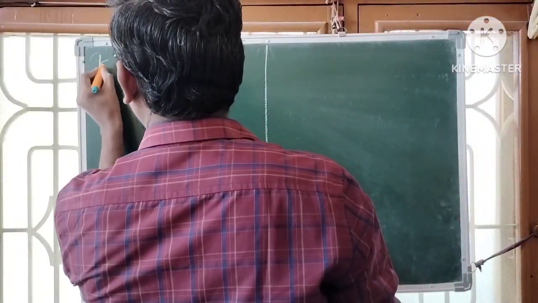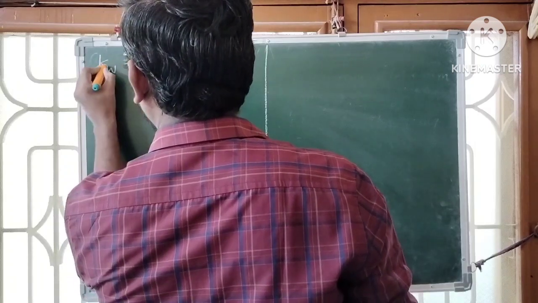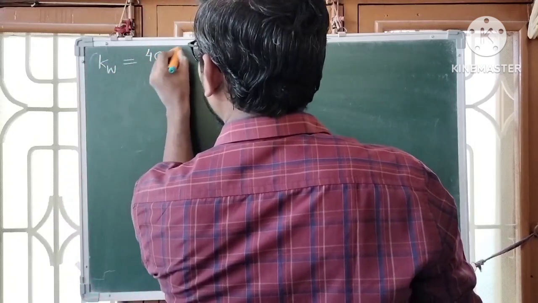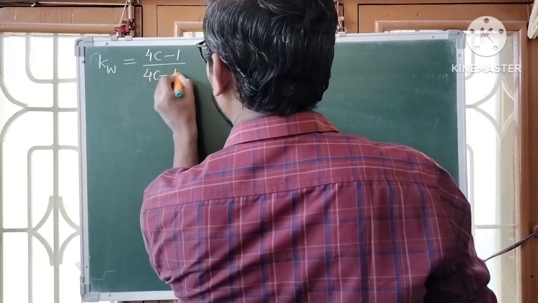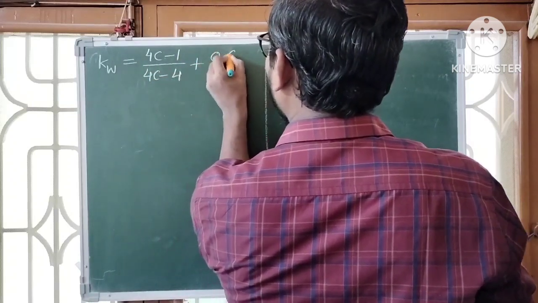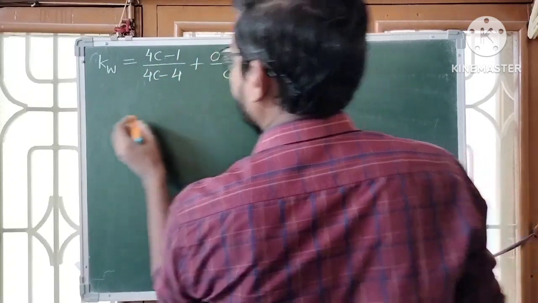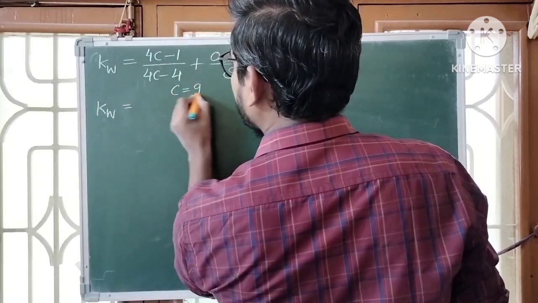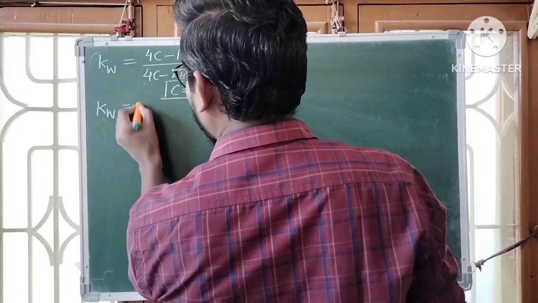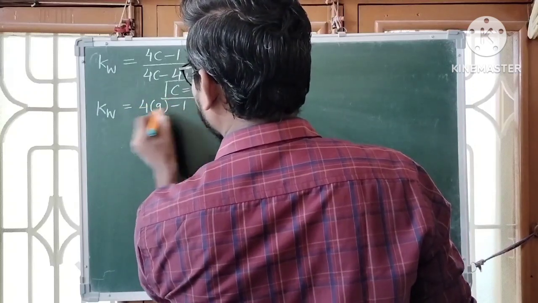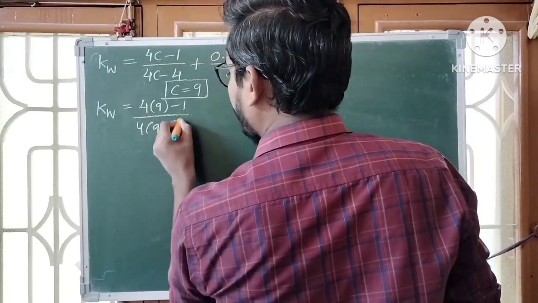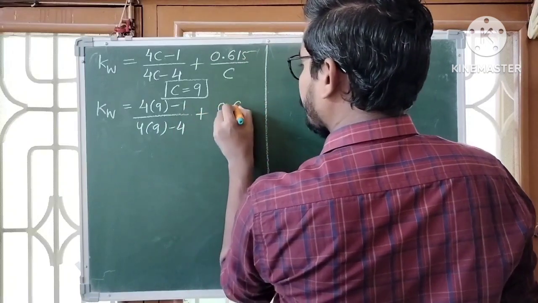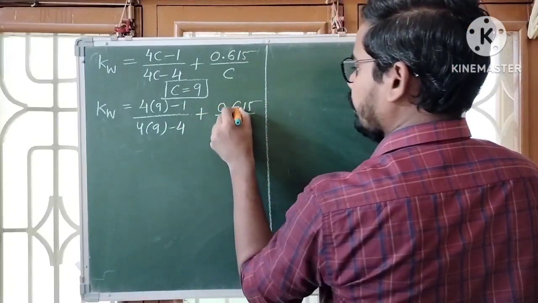So Wahl stress factor Kw is equal to 4C minus 1 by 4C minus 4 plus 0.615 by capital C. Here capital C is equal to 9, spring index given 9. So 4 into 9 minus 1 by 4 into 9 minus 4 plus 0.615 by 9.